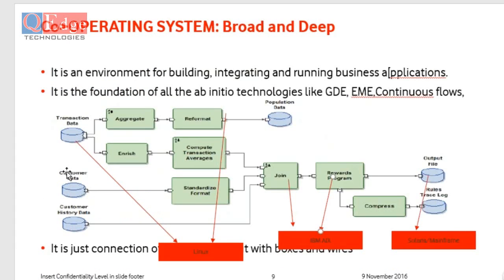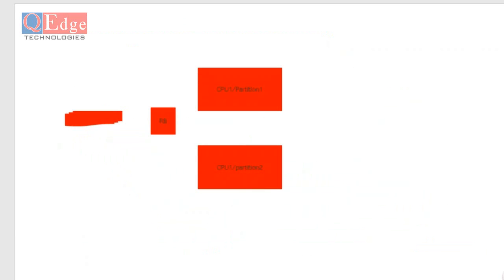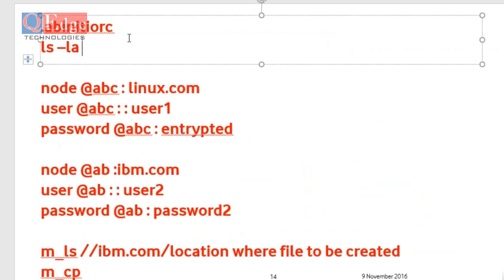I'll tell you another advantage. All the business rules that you are writing in each component are executed by a concept called the transformation engine.